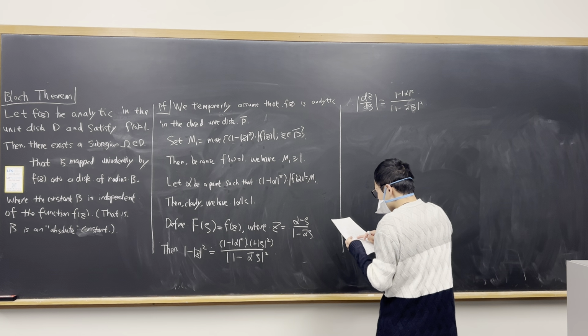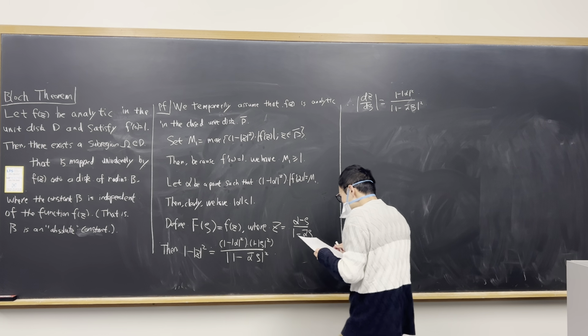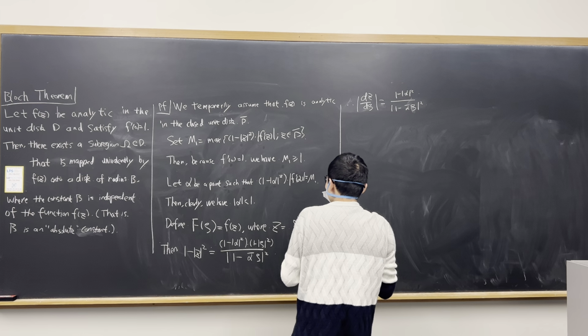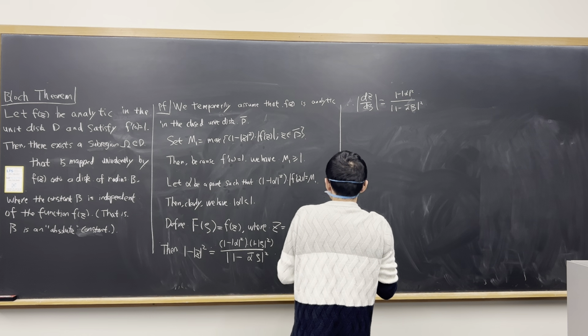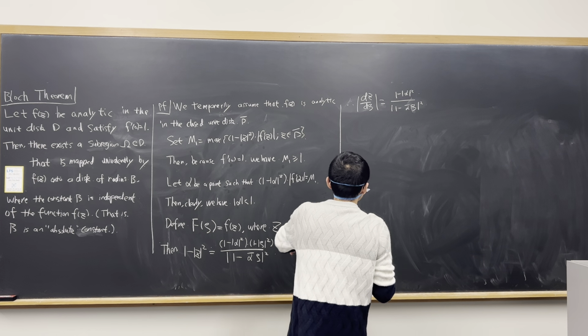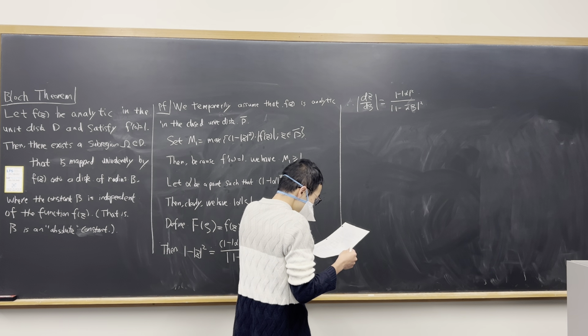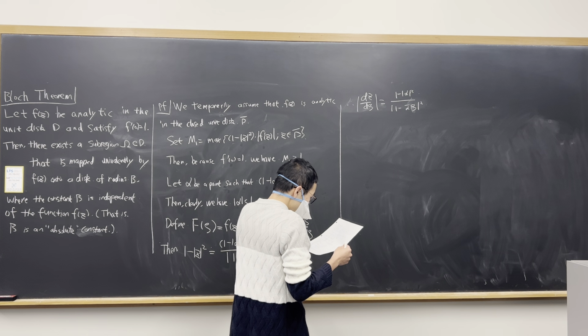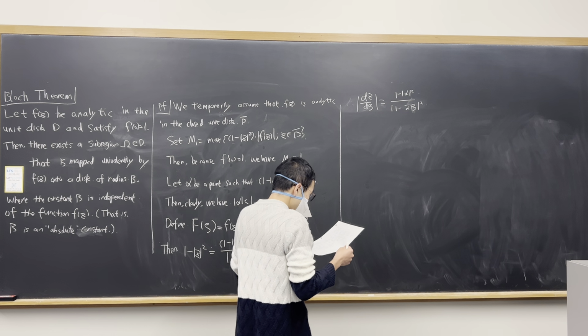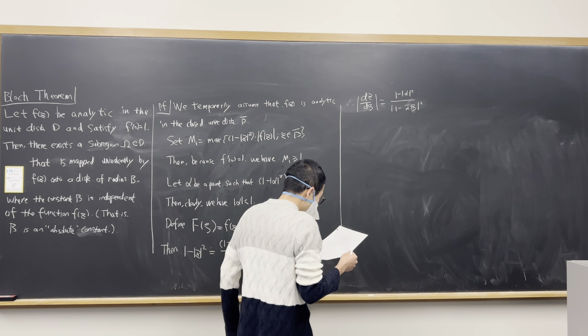Sorry, so 1 minus modulus of alpha squared.